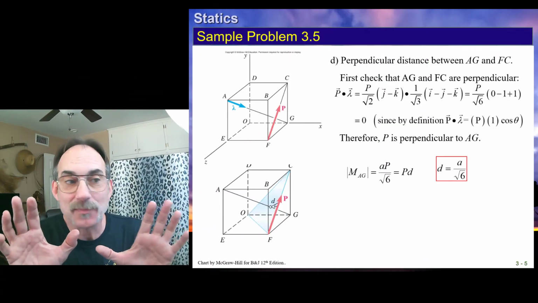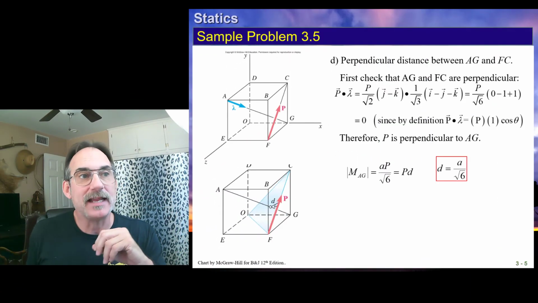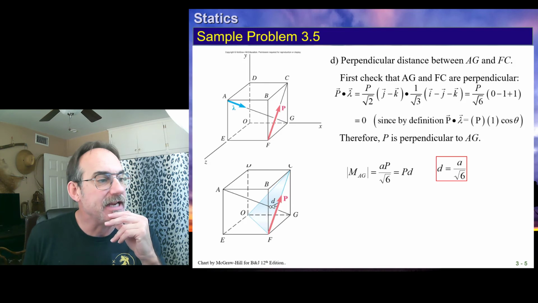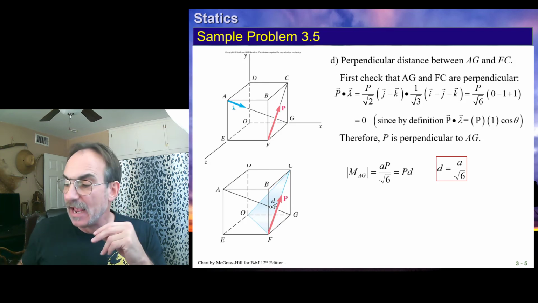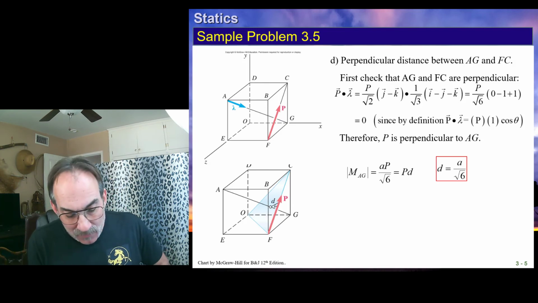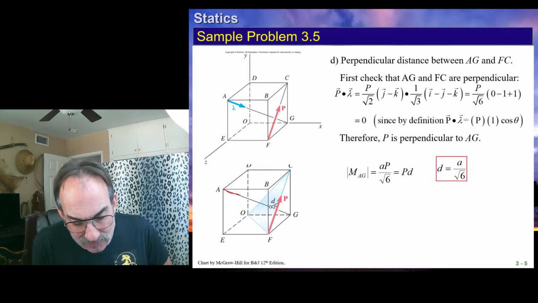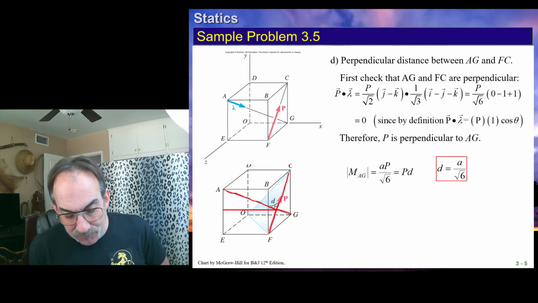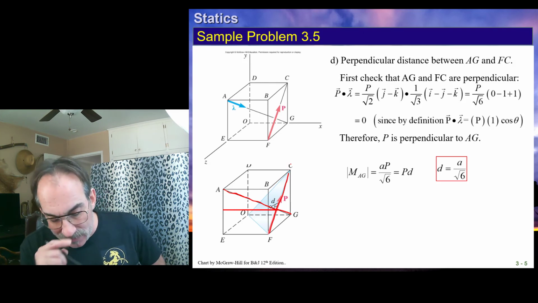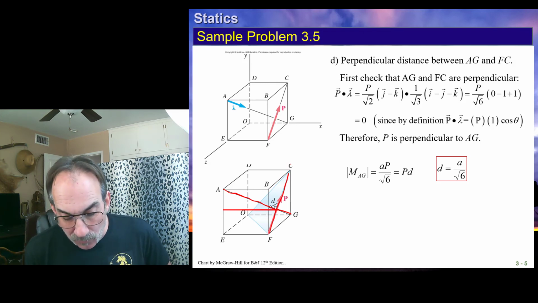Okay, for the last problem, we're looking for the perpendicular distance between AG and FC. The perpendicular distance between this line here and this line here. Now, in order to solve this, we're going to use the principle.